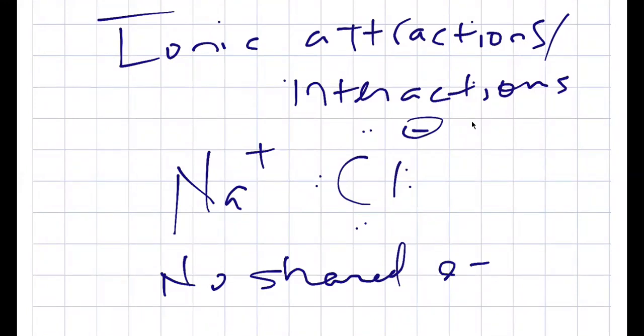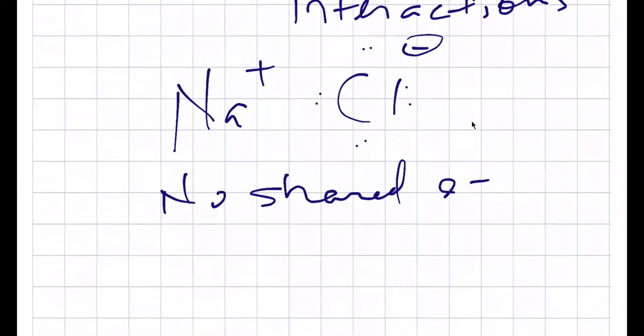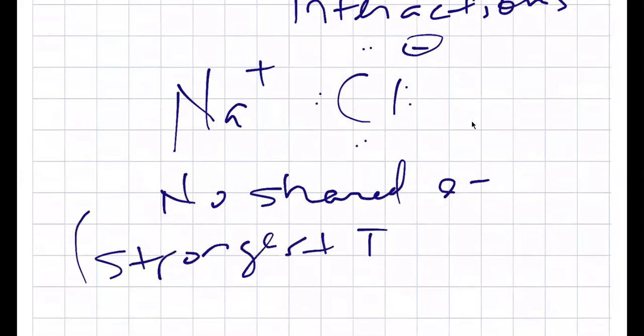There's no shared electrons, but this is also the strongest IMF out of all four. Just different charges. Boom, they find each other, and they hang together.